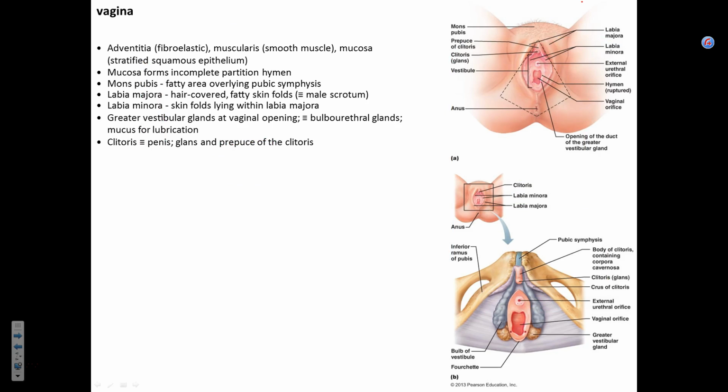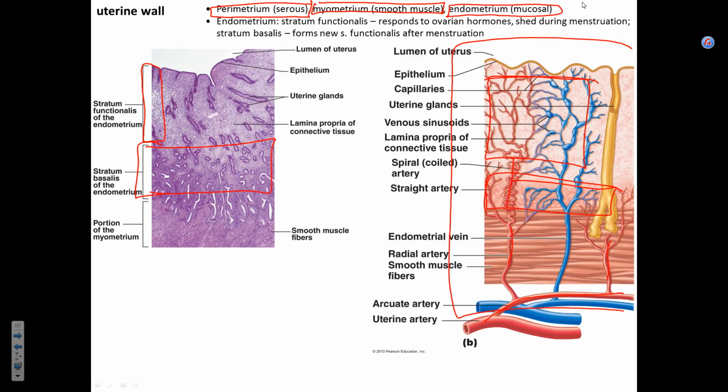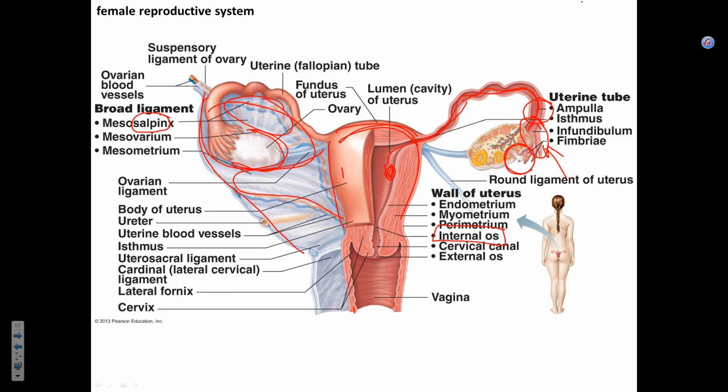So, anatomical parts of vagina. Vagina consists of 3 layers. Adventitia, which is connective tissue, right? So, if we go back to this one, on the outside, the thin white layer is adventitia.